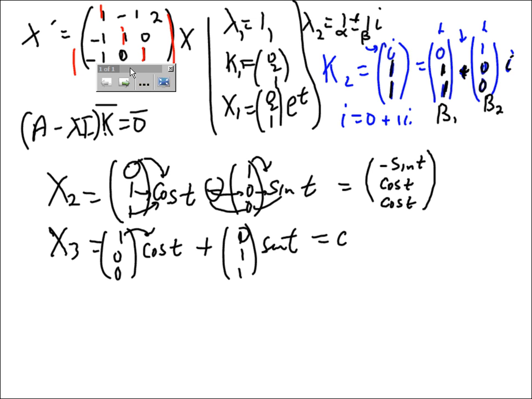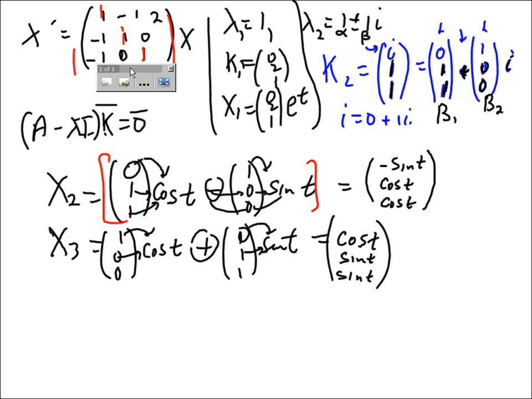Is 1 cosine t plus 0 sine t. 0 cosine t, which is 0, plus 1 sine t, sine t. Same with the bottom one. So now x2 needs to be multiplied by e to the alpha t, which is e to the t. Same thing for the bottom one.